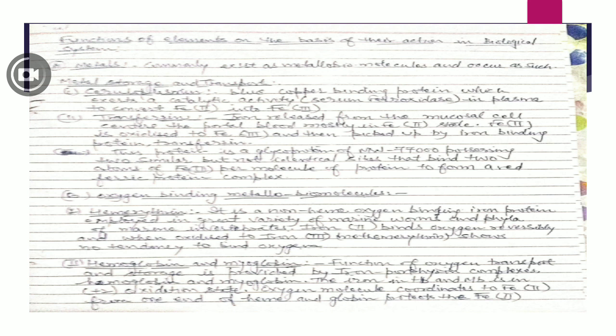As we know, heme and globin, two parts are present in these proteins. They function as oxygen transport and storage, and the iron porphyrin complexes are hemoglobin and myoglobin.